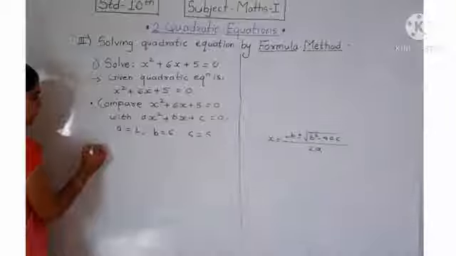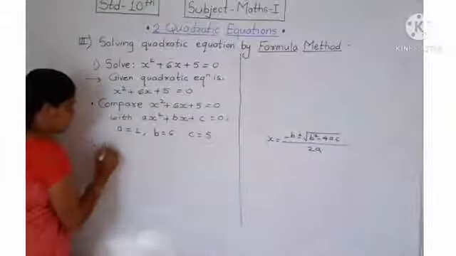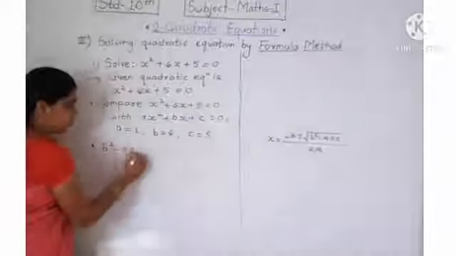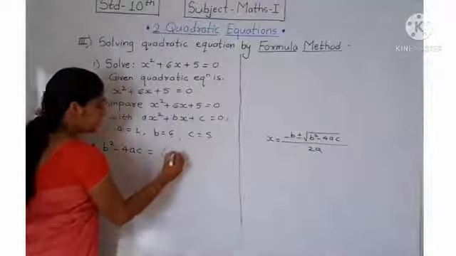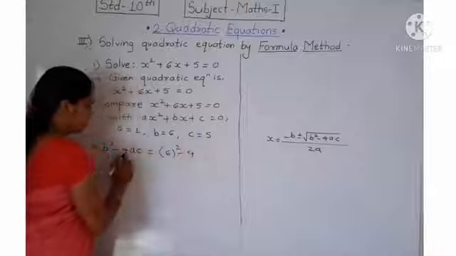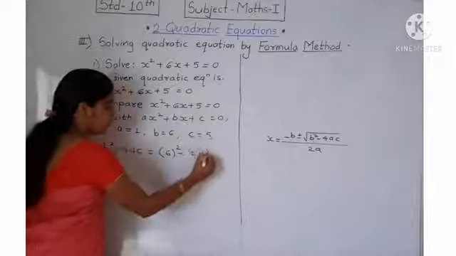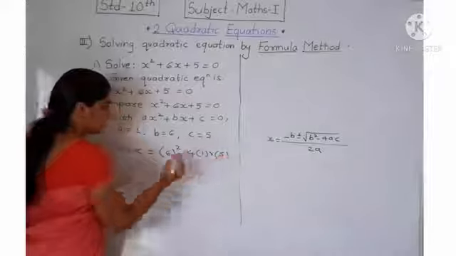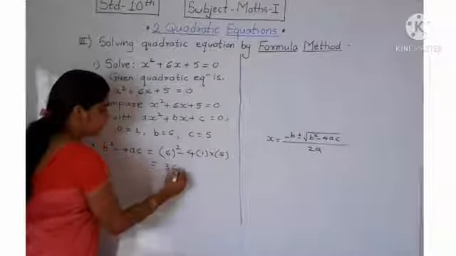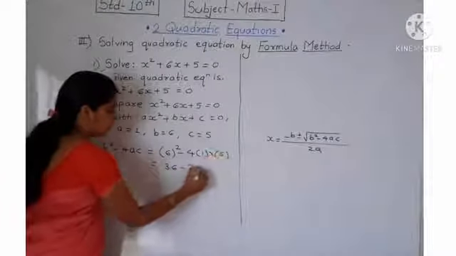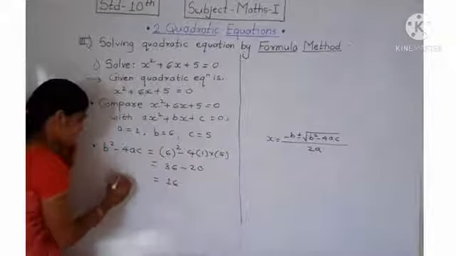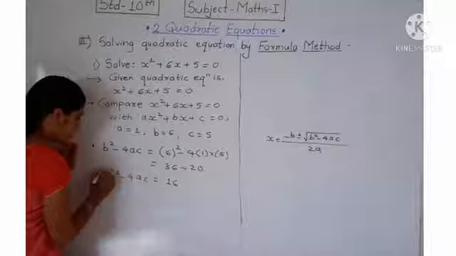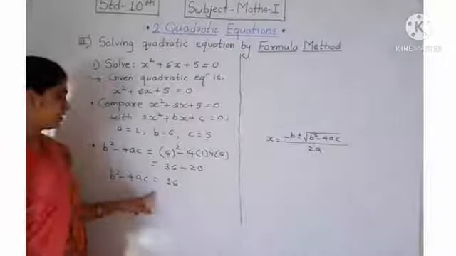Second step, you find b square minus 4ac. What is b? 6 square minus 4 into a into c. 1 into c, what is c? 5. 36 minus 4 fives are 20. So what is the value of b square minus 4ac? It is 16.